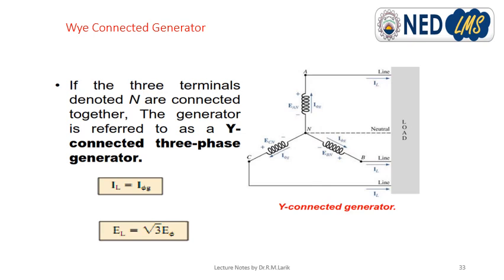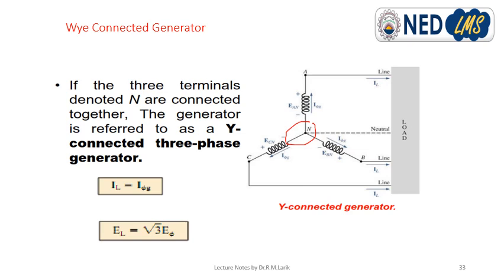As we talked earlier, we have different connections of three-phase coils. They may be connected in Y, that is a star pattern, or in delta. Now we are discussing a star connected generator. Star connected means all three windings have a common point, that is the neutral.